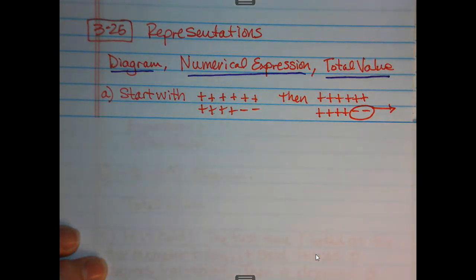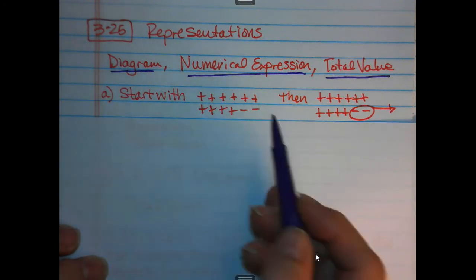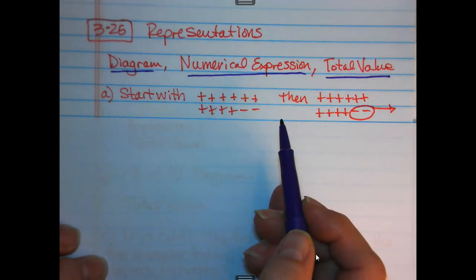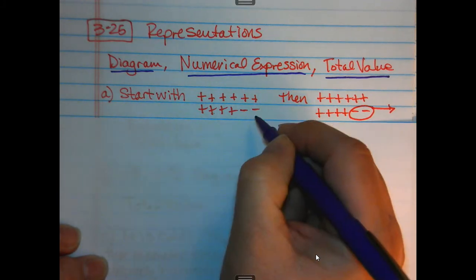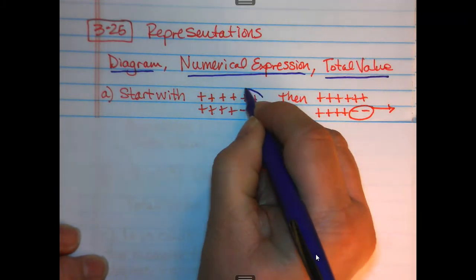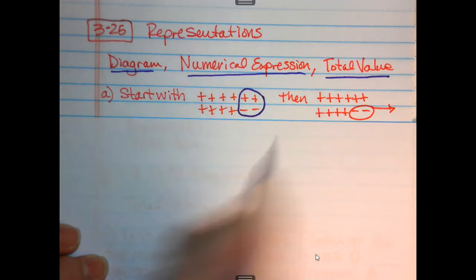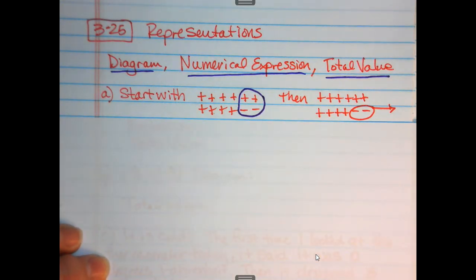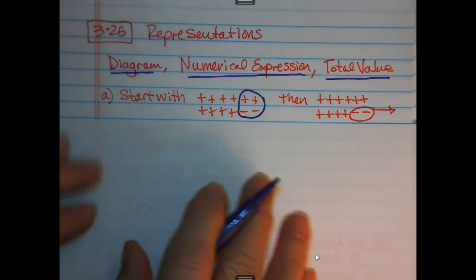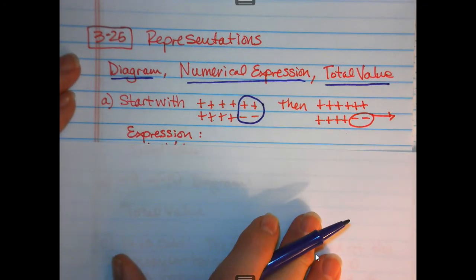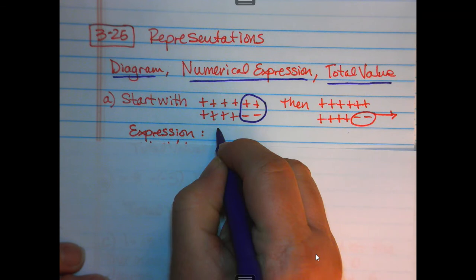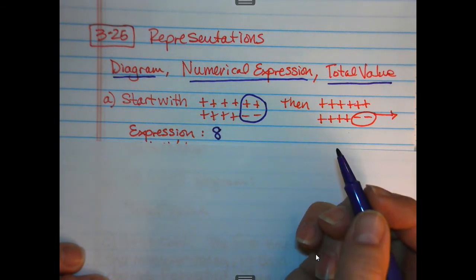So in this problem, we are trying to figure out what the value is to begin with. In this problem, these positives and negatives can balance each other out or cancel each other out. So I'm left with 1, 2, 3, 4, 5, 6, 7, 8 positives. So my expression would read 8.